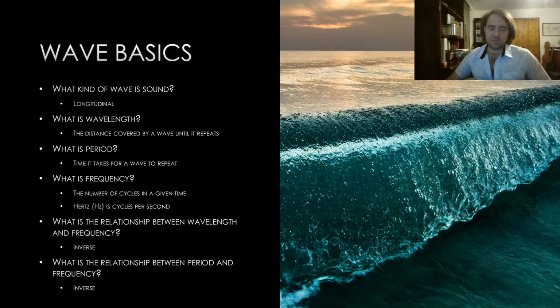So it's an inverse relationship, which then means that the relationship between wavelength and period is a direct relationship. They just correlate perfectly, assuming the air speed doesn't change. So a longer wavelength is going to be a longer amount of time.